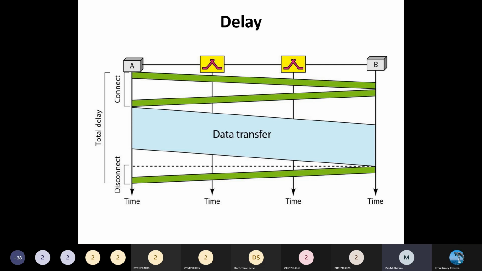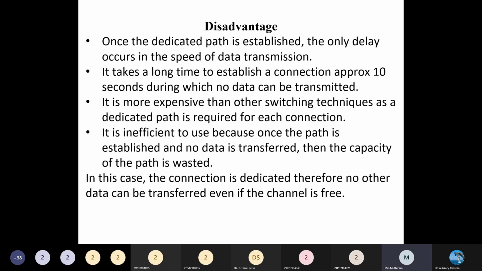So this is the circuit switched network. So what are the advantages and disadvantages of using a circuit switched network? This is the next slide.